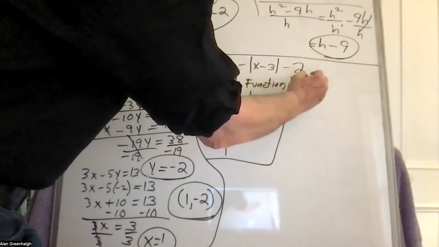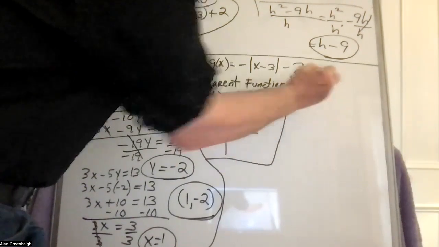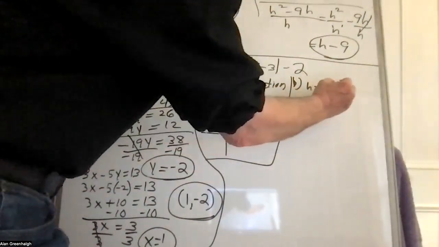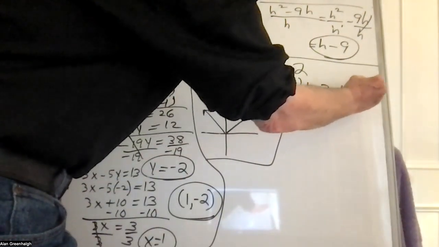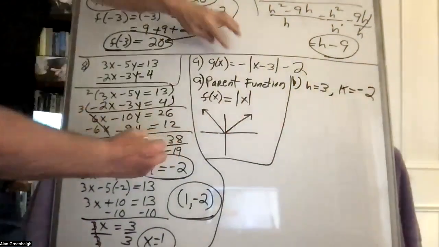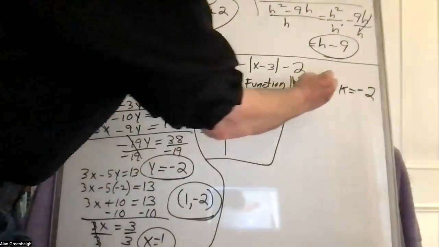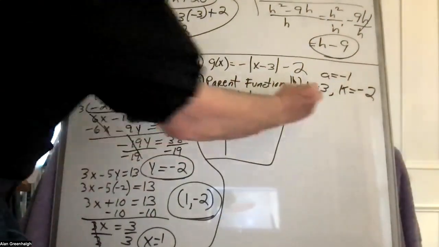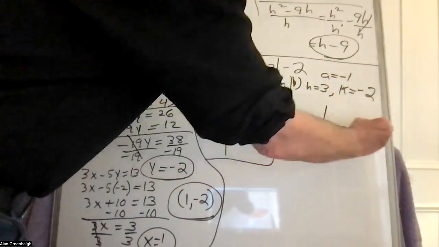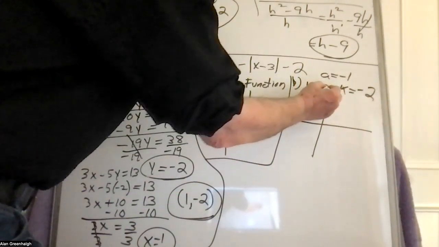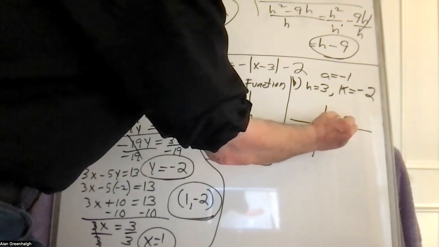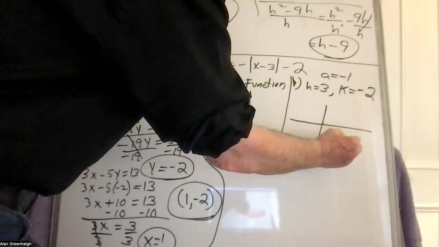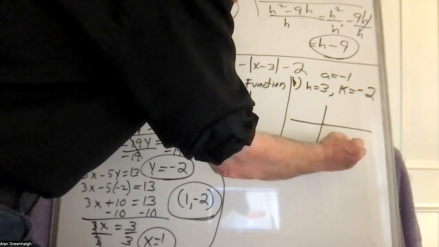where h is 3. Remember that h is the opposite of negative 3. And k is negative 2. And the a is negative 1, which means it's going to be the reflection. Graphing, if h is 3, that's the x, that's going to be here. The k is negative 2, that's down here.